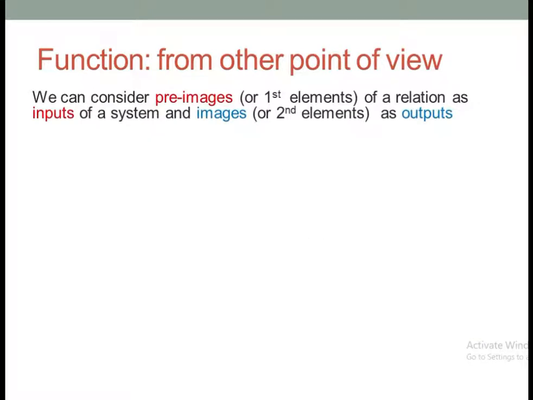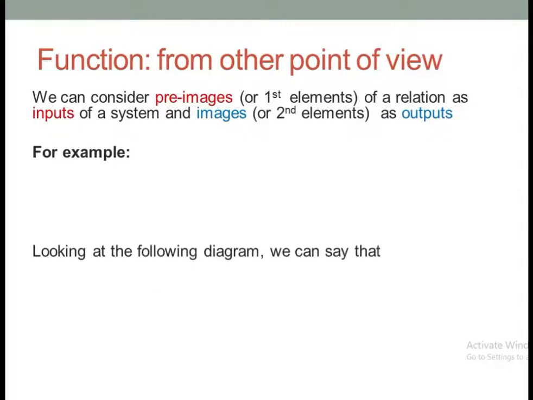Now, we are going to consider pre-images of a relation as inputs and images as outputs. We can consider pre-images of a relation as inputs of a system and images as outputs.